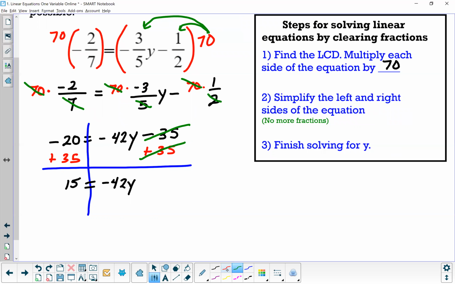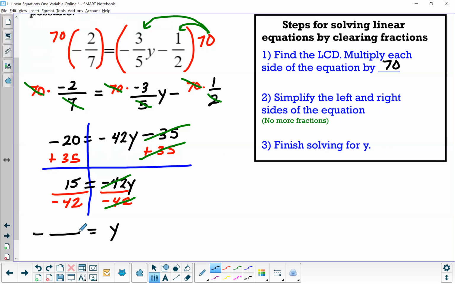Okay, to finish, we're going to divide both sides by negative 42. So on the right side, negative 42 divided by negative 42 gives us positive 1y. And then positive 15 divided by negative 42, that's going to give us a negative fraction.